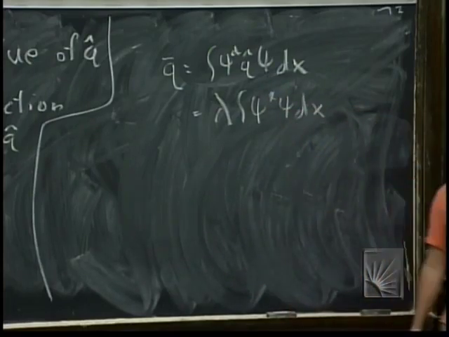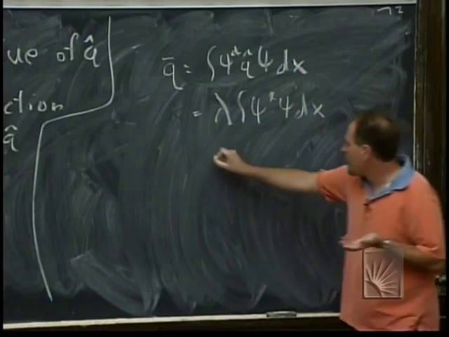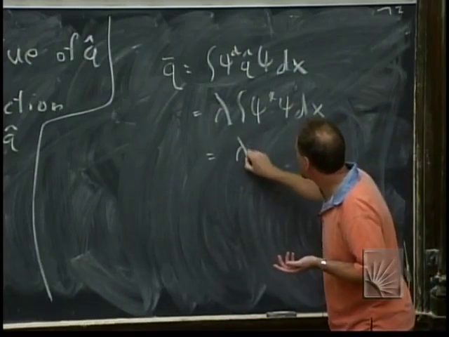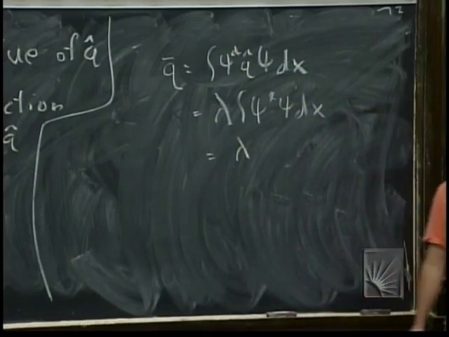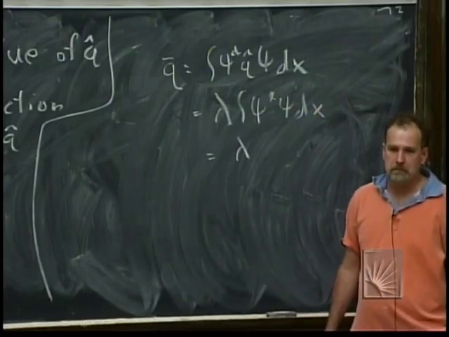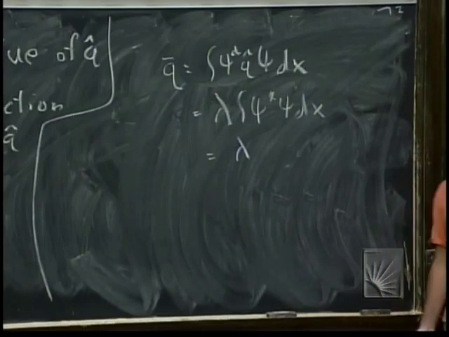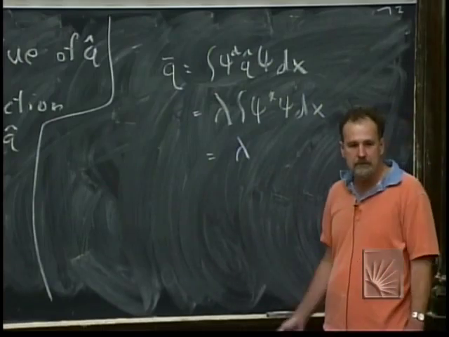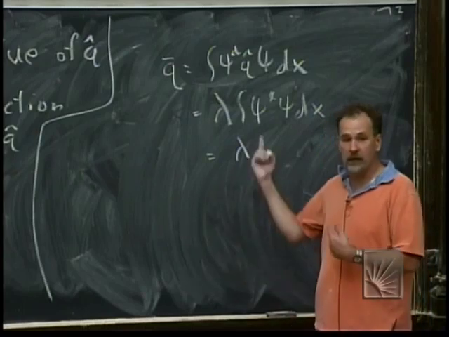And psi star psi integrated over dx, well, my normalization condition is 1. And so it's just lambda. So I don't have to do any integral. I mean, I write down the integral, but then I immediately see that the integral was trivial. It was just 1 by the way I constructed psi. All right? So that's really nice.